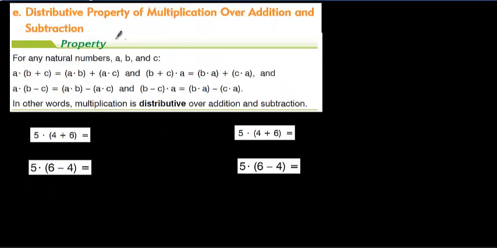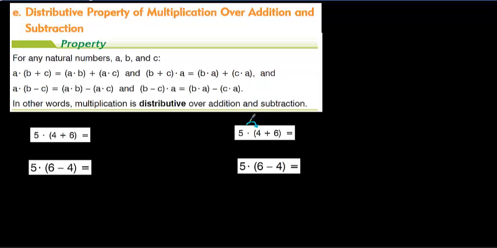The last property, distributive property over addition and subtraction. Here there are two terms. Actually it's written a second time because I'm going to add first the parentheses, then I'm going to use the distribution law, which means this number can be distributed over this number and this number.